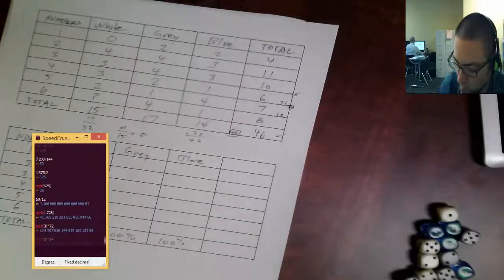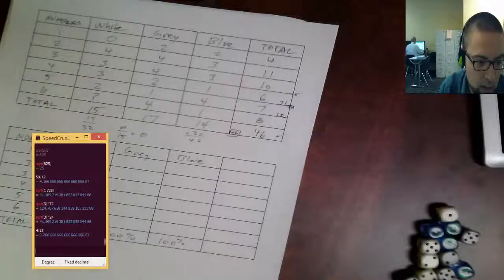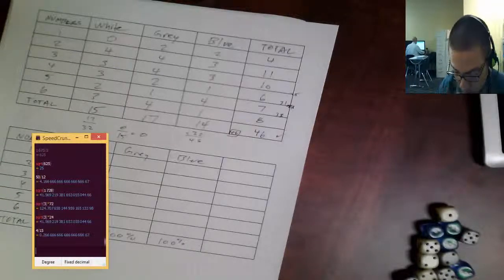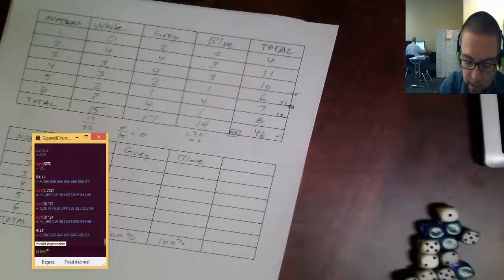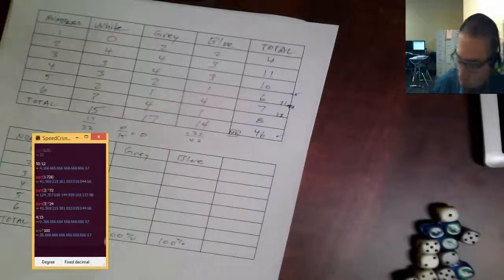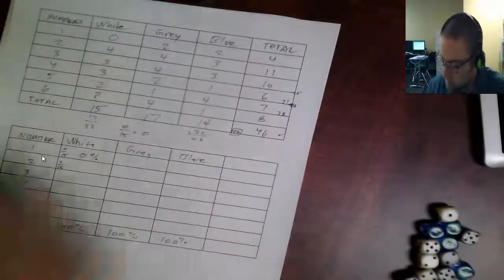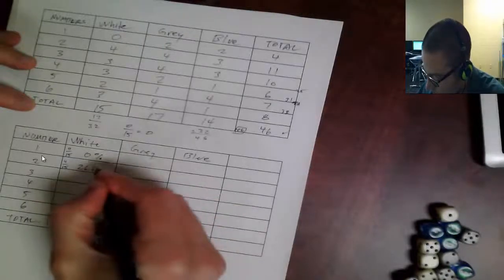So 4 divided by 15 is 0.266. So I multiply that by 100 to get 26.6, or I could move the decimal point over 2. It's the same thing. So I write down 26.67%.